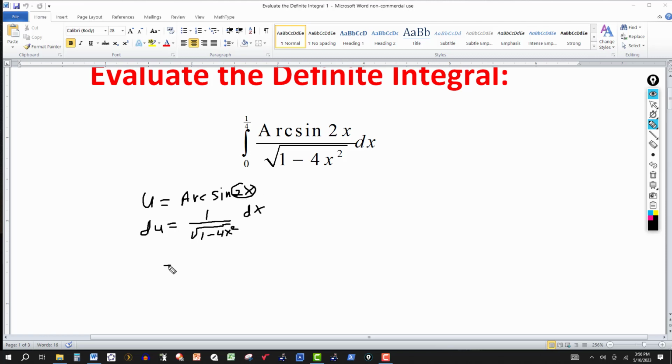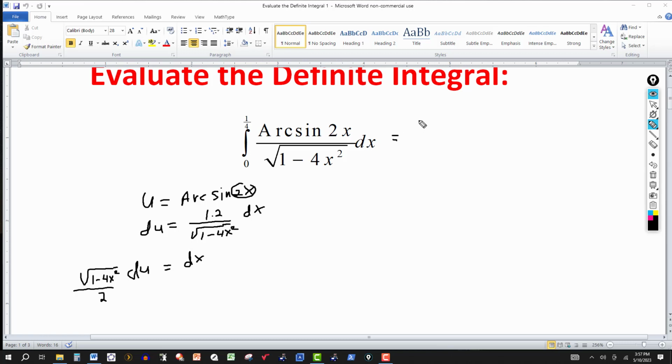So again, this is a typical u-substitution. The derivative of 2x is 2, so I need a 2 up here using the chain rule. So solving for dx, multiply both sides by the square root of 1 minus 4x squared, and then also divide by 2. I'll put this 2 out here.